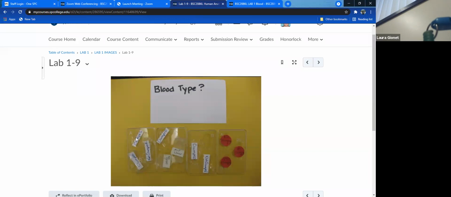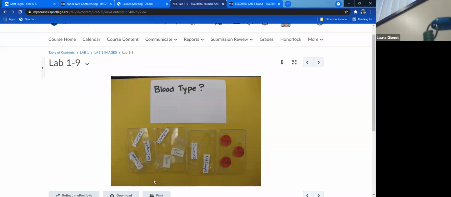Then in well A, you put the A antibodies and you mix it up. And where you have B, you put the B antibodies into that drop of blood. And where you have RH, you put the RH antibodies into that little depression with the blood, and you mix it all up, and you don't double dip your toothpicks. You use separate toothpicks or the different ends, right?